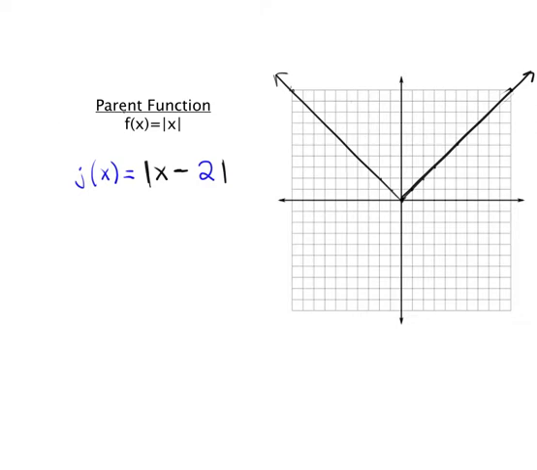Continuing on graphing absolute value functions, we have our parent function of the absolute value of x, which again starts at the origin. Our vertex is at the origin, and when we go over 1 for x, the absolute value of 1 is positive 1. And if we go over negative 1 to the left, our y values will be 1 also.